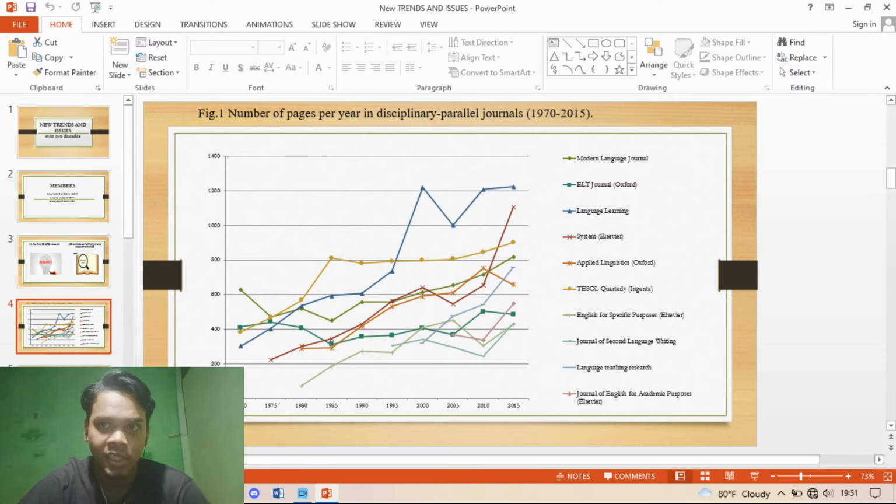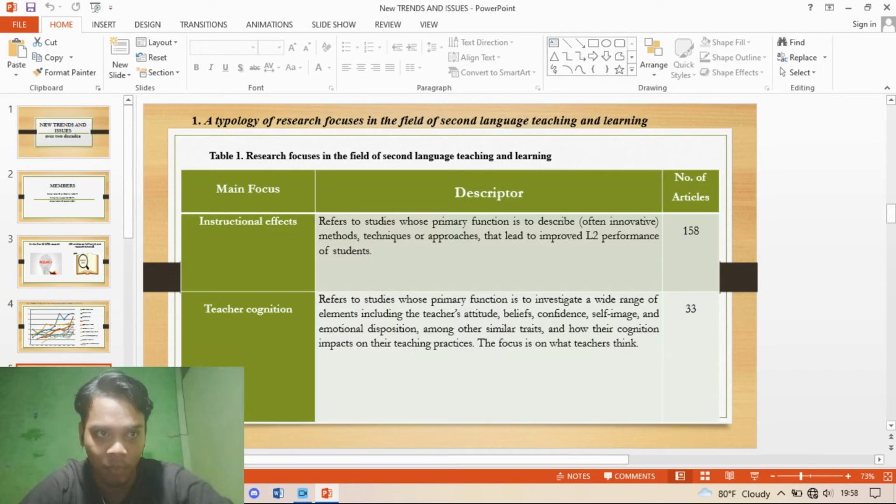Undoubtedly, this increase reflects the growing number of teachers and researchers entering the field as the foreign language learning population grows with globalization. It could also be related to the digitization of journals, which has made it possible to publish more articles without worrying about space constraints on paper.